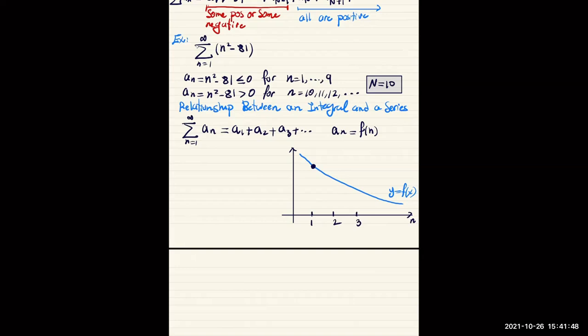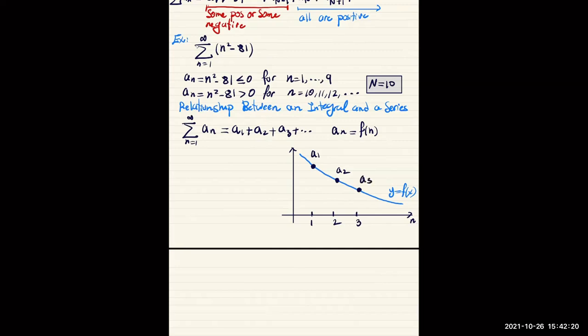We did graph a sequence, right? It's just a bunch of points. So this is A sub 1. A sub 2 is this point right here. And we know that these points fall on the graph of f of x. Okay, a1, a2, a3, and so on are a subset of this graph. There are points on that graph. A3 is this point.